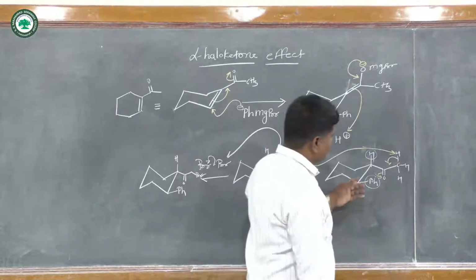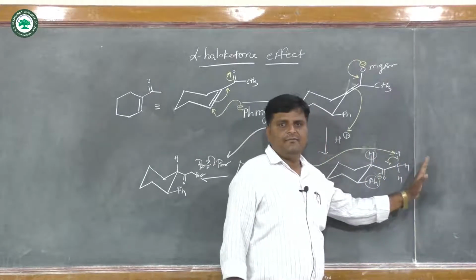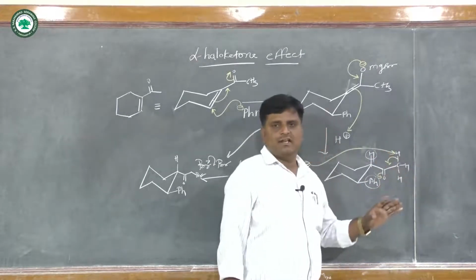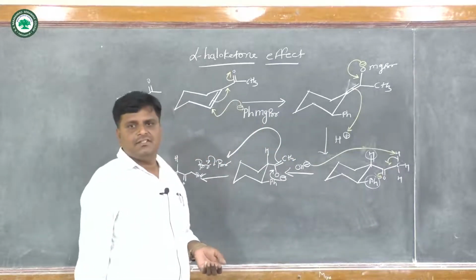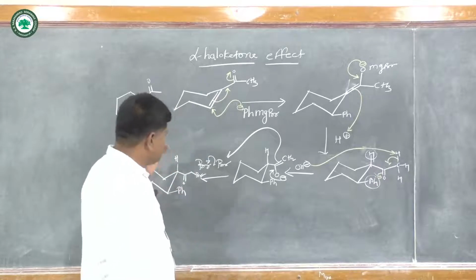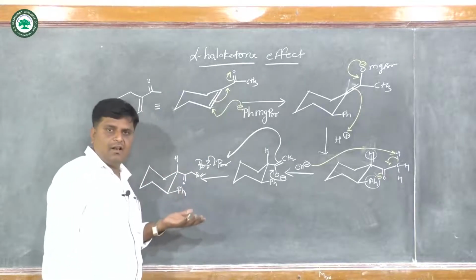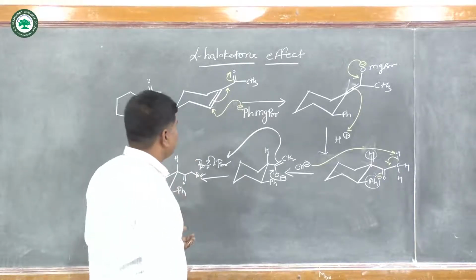In this case the bulk is accommodated at the equatorial side, so that it doesn't interfere with the stability of the compound, so this compound is somewhat more stable than the earlier one.